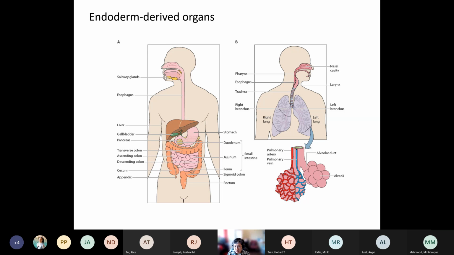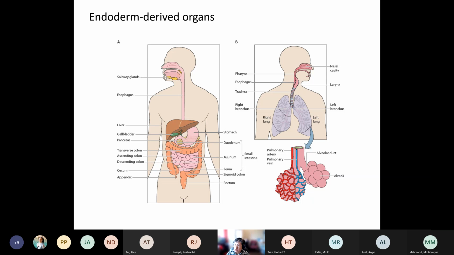Now, all these organs in the GI tract are from endoderm. That is probably easy to understand, and you remember that sometimes we call the GI tract the gut, right? It's your gut feeling. The gut is also a term we use to describe endoderm.